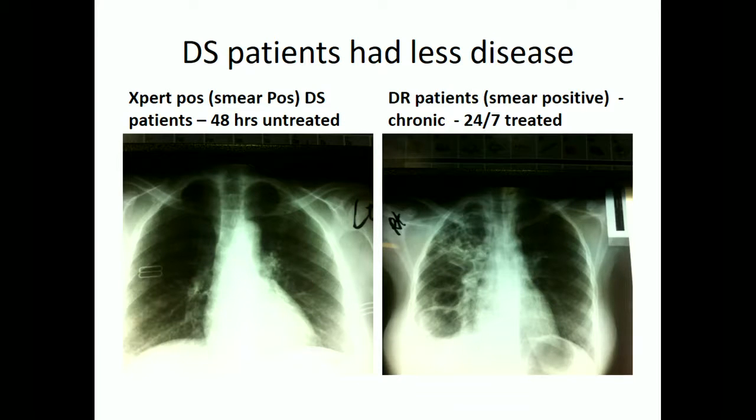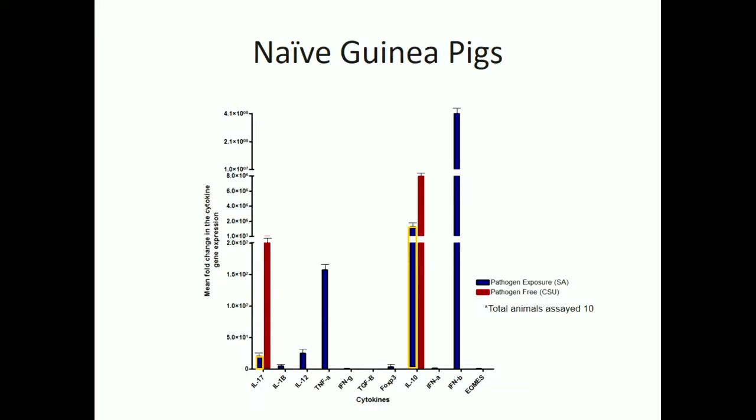In getting people from the clinic to the air facility for 48 hours who were all GeneXpert positive, we found ourselves, especially in a high HIV setting, with patients with very little disease. They were quite early in their course. This was a first presentation, as opposed to the chronic failure patients that we had been treating who have XDR TB and MDR TB, who had much more advanced disease, but strains that may be less pathogenic.